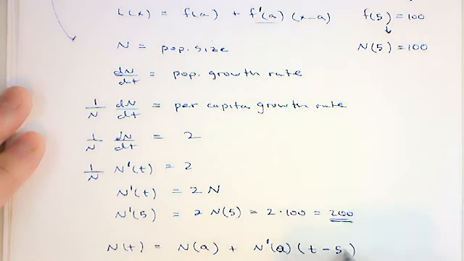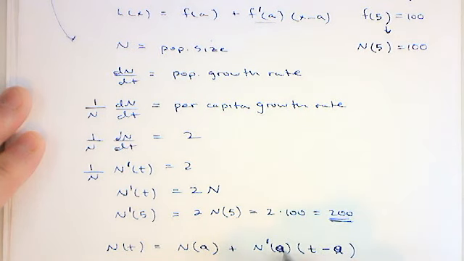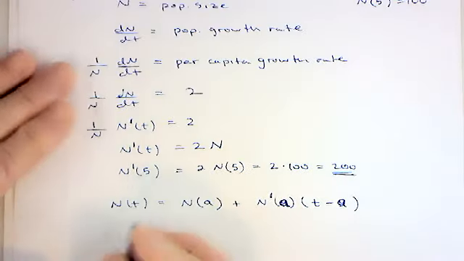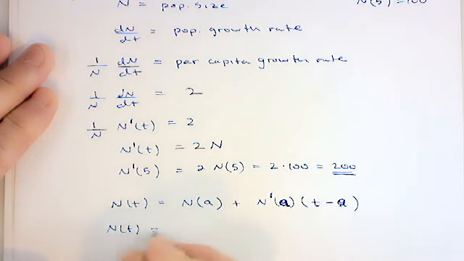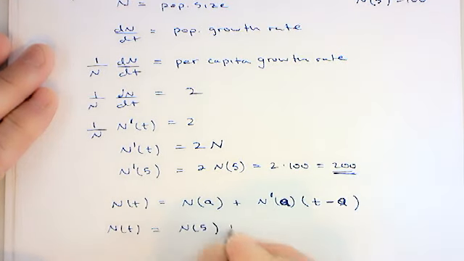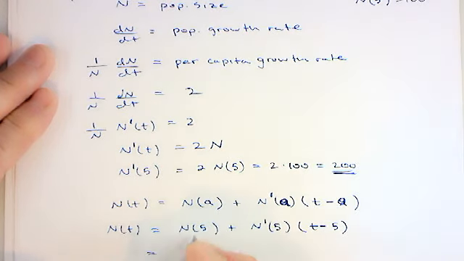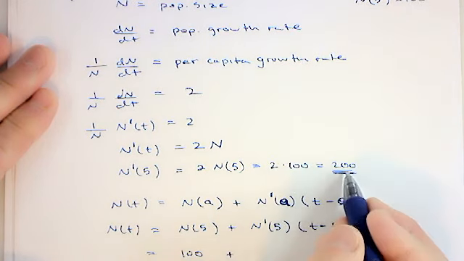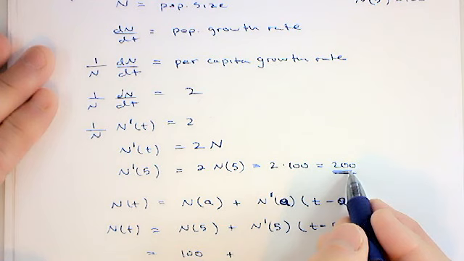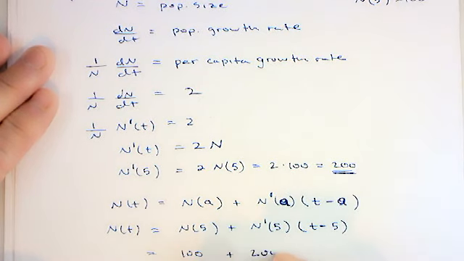Sorry, I'm kind of generalizing and then plugging in at the same time. So n of t would be n of 5 plus n prime of 5 times t minus 5. The population at t equals 5 is 100. We just figured out that the population when t equals 5 is growing at a rate of 200. And for our t, let's just leave it as t minus 5 for now.